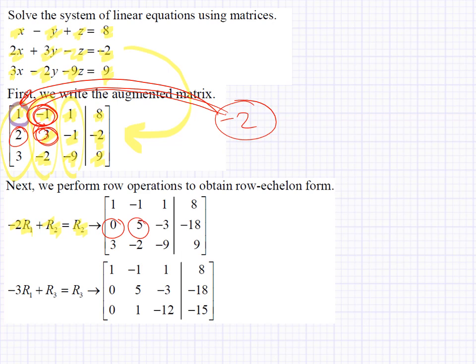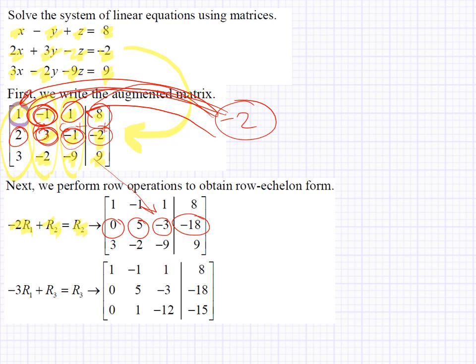Then I'm going to take negative 2 times this and add it to this term. So negative 2 times 1 gives me negative 2 plus negative 1 gives me negative 3. So that's where this came from. And finally, negative 2 times 8 plus negative 2 gives me negative 18. Okay, so there's my new row 2.